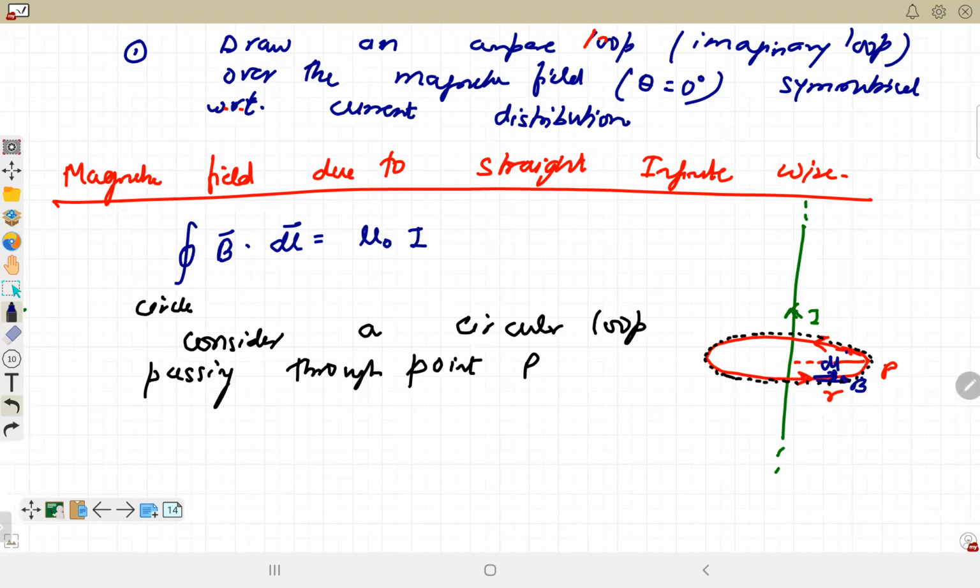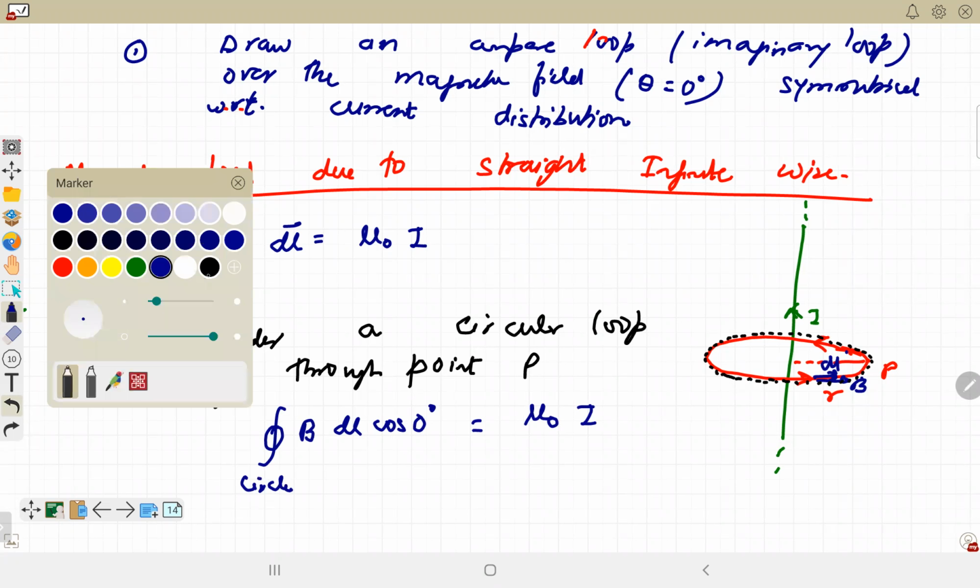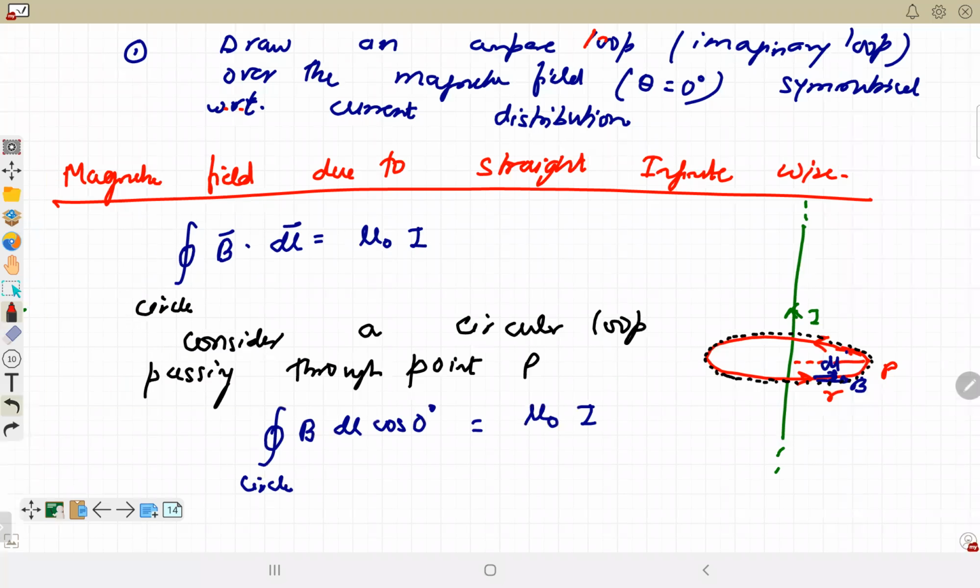Apply Ampere's law. So B and dl in same direction. B into dl into cos 0 will be mu naught times I, and this is a circle of radius r, as we can see from the diagram. We will take B outside. Integration of dl will be mu naught I.